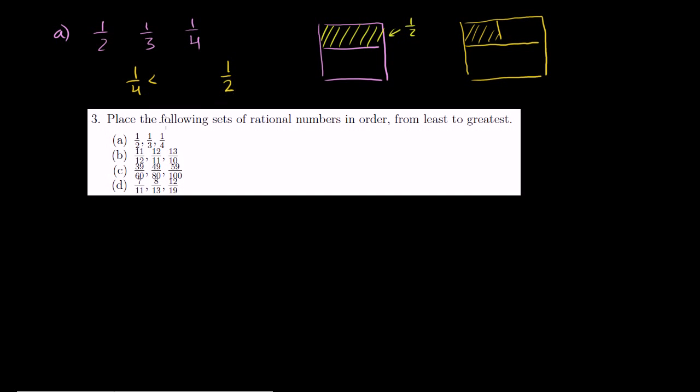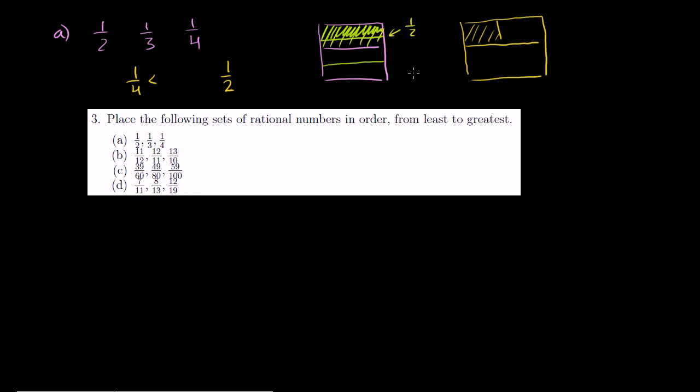Is less than 1/2. I'll write it like that. And 1/3 is right in between. If you did 1/3, it's maybe harder to visualize here, but if this is 1/2, if we divided this into thirds, 1/3 is less than this. So if we divided this into thirds, 3 equal sections, 1/3 would be just like that right here. And 1/3 is more than that.